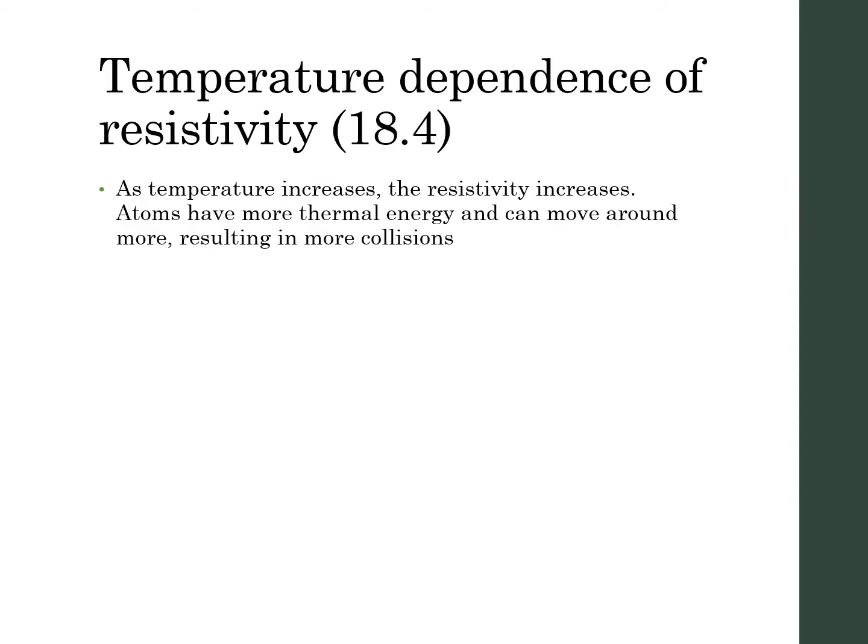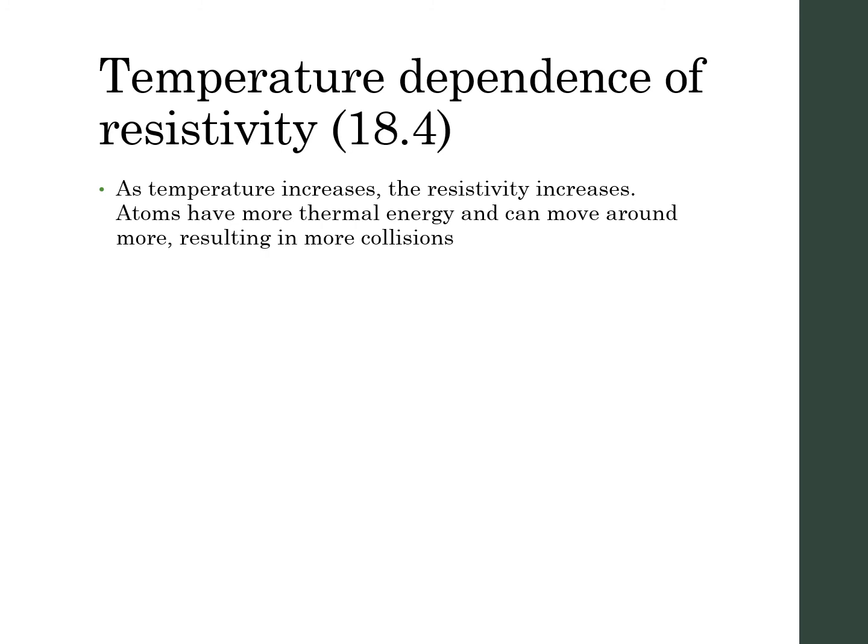So there is some temperature dependence on resistivity. When we're going to be using Ohm's law, again, we're going to be assuming that it is a constant value. And the reason we do that is it just makes our lives a lot simpler. But in reality, as temperature increases, so does your resistivity.